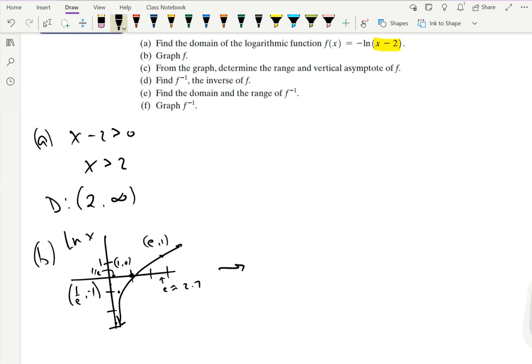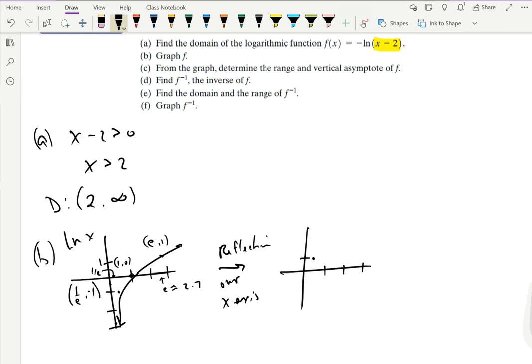Now let's take a look at this: we've got a negative out here. Let's take the negative. That's going to be a reflection over the x-axis. So if I reflect that over the x-axis, I'm going to end up with (1 over e, positive 1), somewhere around in here.